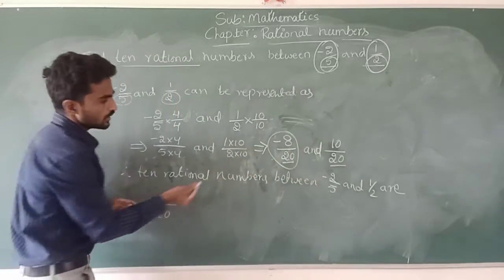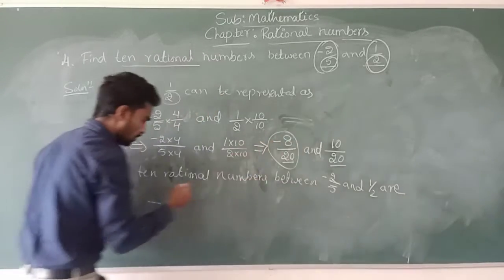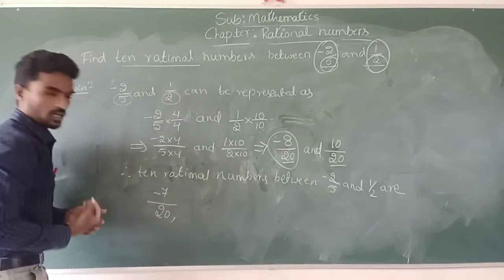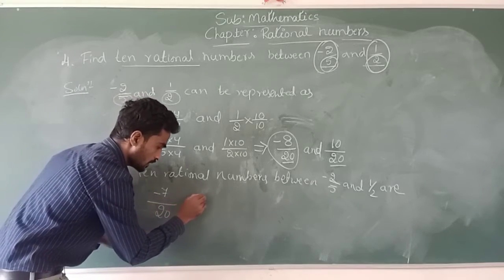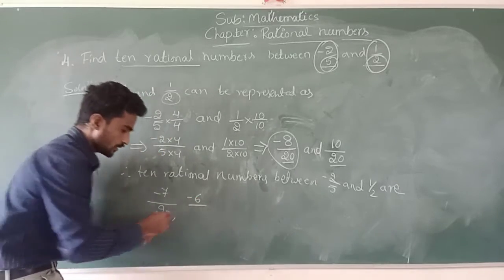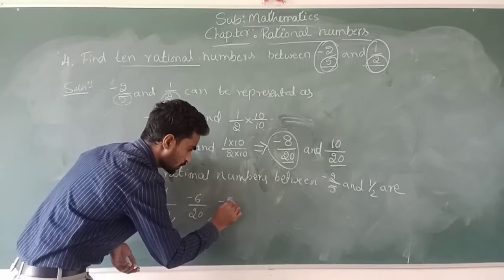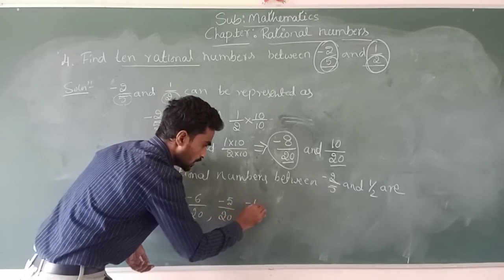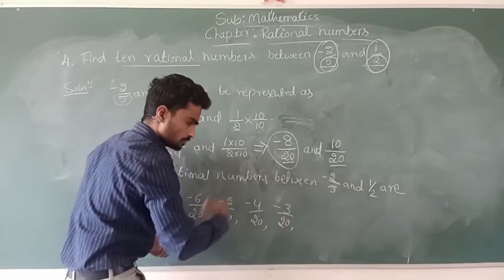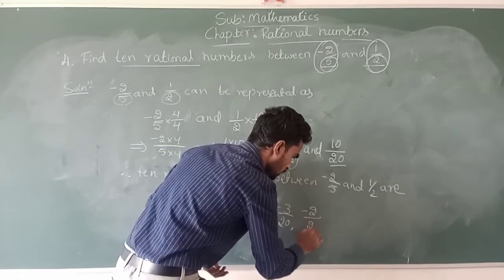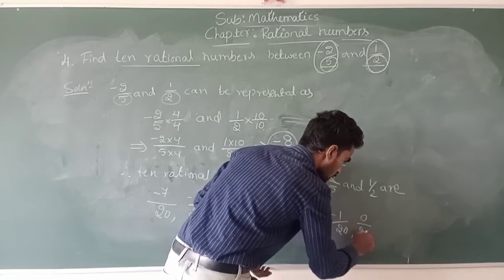The number bigger than minus 8 is minus 7, then minus 7 by 20. Next after minus 7, minus 6 is there, then minus 6 by 20. Next minus 5 by 20, minus 4 by 20, minus 3 by 20, next minus 2 by 20, and then minus 1 divided by 20, next 0 by 20.